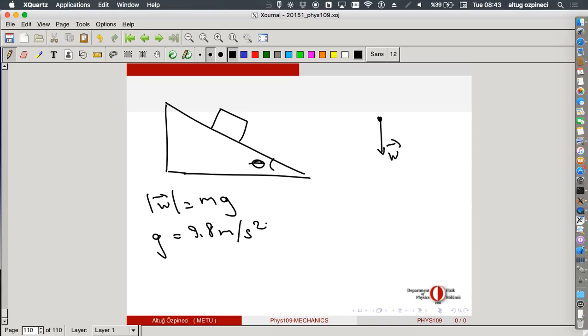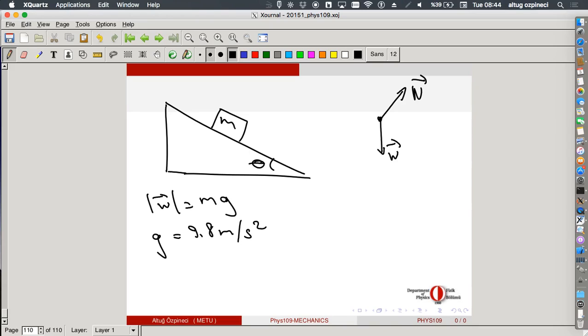Now, another force acting on my object was the normal force, and we said that it was perpendicular to the surface. Basically, when two surfaces touch each other, there will be forces acting on each one of the objects. The inclined surface will exert a force on our mass.